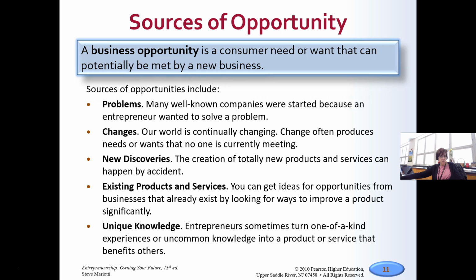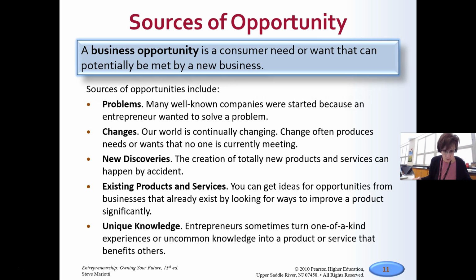We've had nails for years, but now they're coming up with products that are more durable when it comes time for building in areas where they are more prone to earthquakes. And this other concept of unique knowledge, sometimes you know more about something than someone else, and you may have that idea and then turn that into a product or service that benefits others.